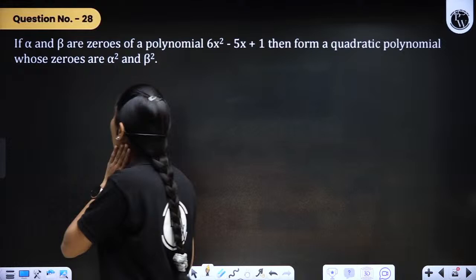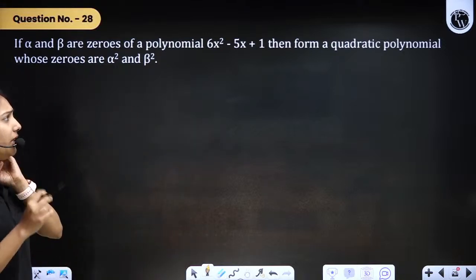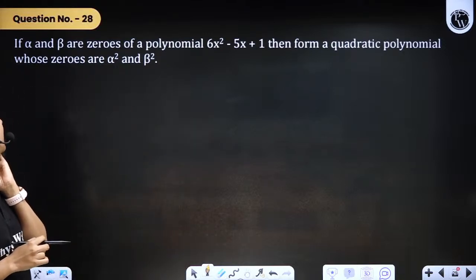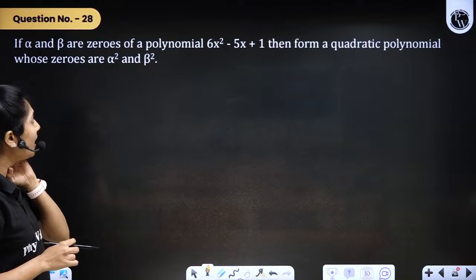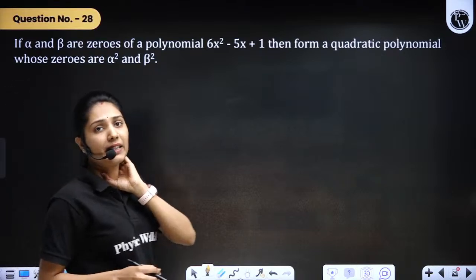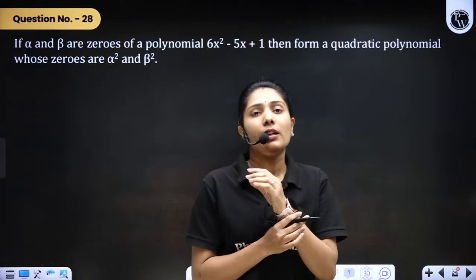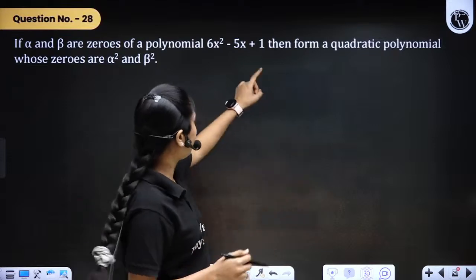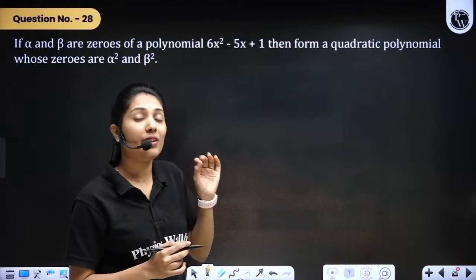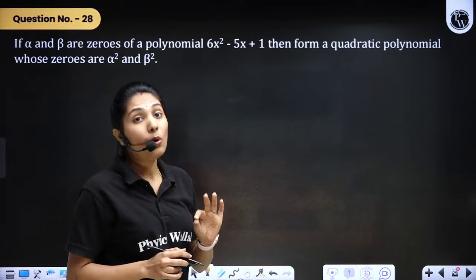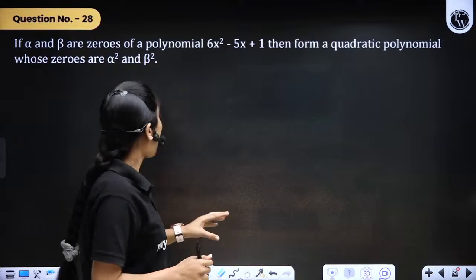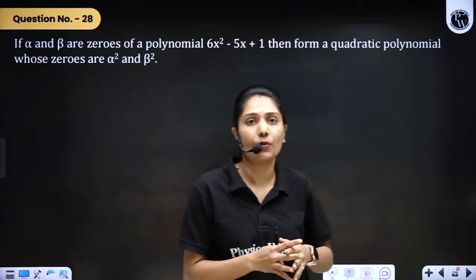So if alpha and beta are zeros of the polynomial, then form a quadratic polynomial whose zeros are alpha square and beta square. We already have the roots of the given equation and we have to find the equation whose roots are alpha square and beta square.